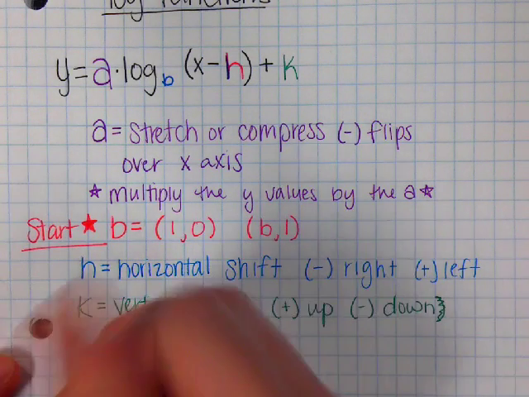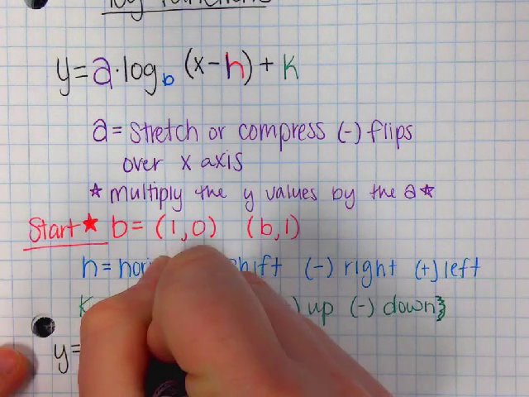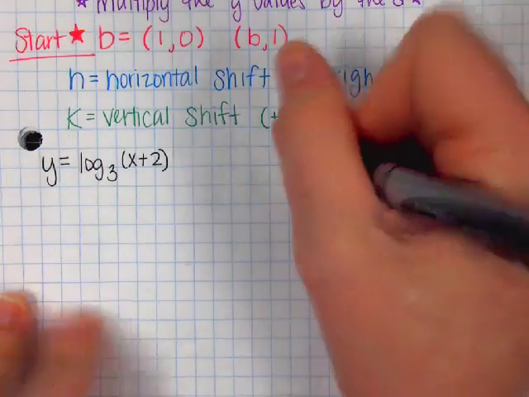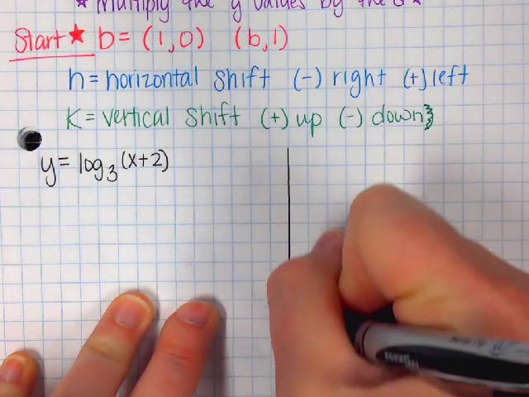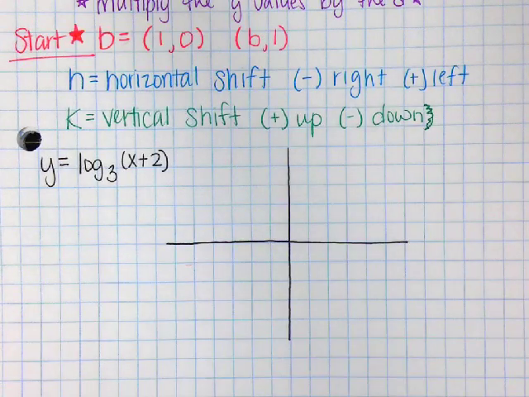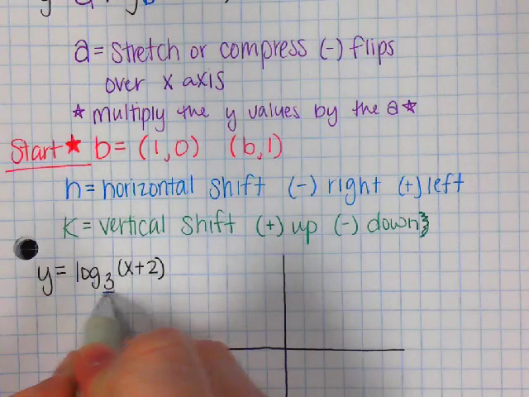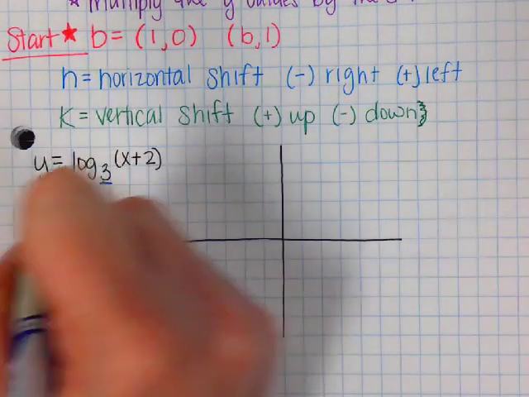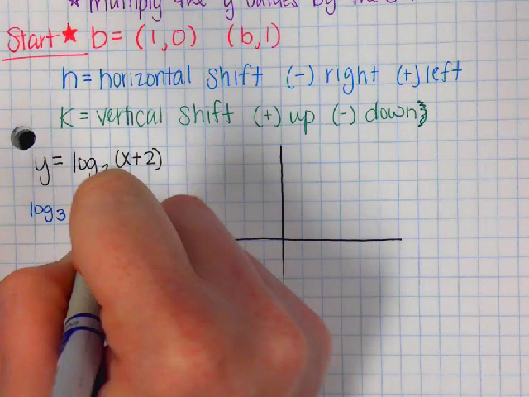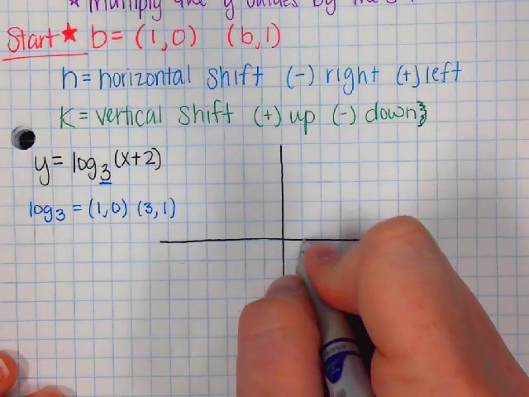Okay, so let's go ahead and graph one. If I give you the equation y equals log base 3 of x plus 2. Okay, so you know you have to start at the base. A log base 3 goes through the points 1, 0, and 3, 1.